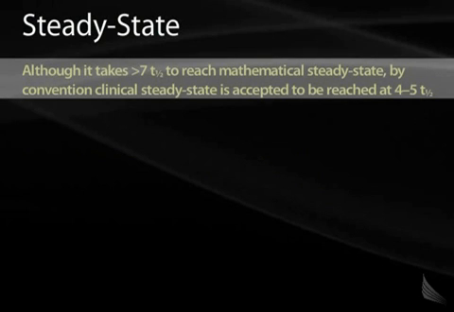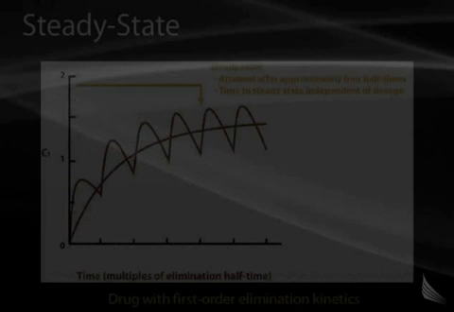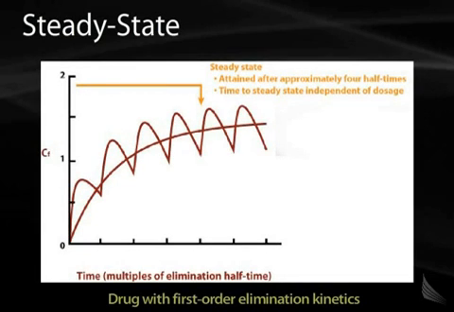Although it takes greater than 7 half-lives to actually reach the mathematical steady state, in general, a drug reaches its steady state always by approximately 4 to 5 half-lives. As you can see here, if you give a medication at different intervals, so a medication is given here, here, here, here, and so on, at the same dose, the average plasma concentration, which is shown by this straight line, will eventually reach a steady state.